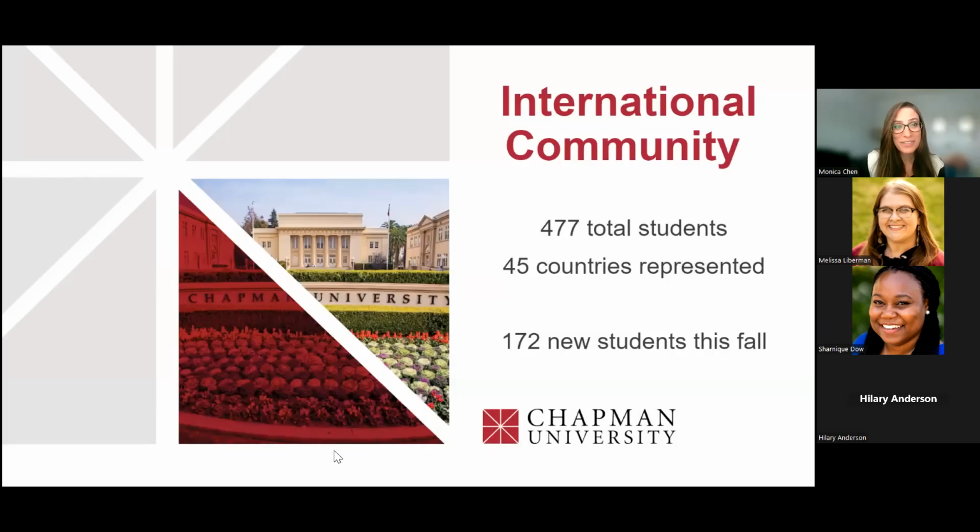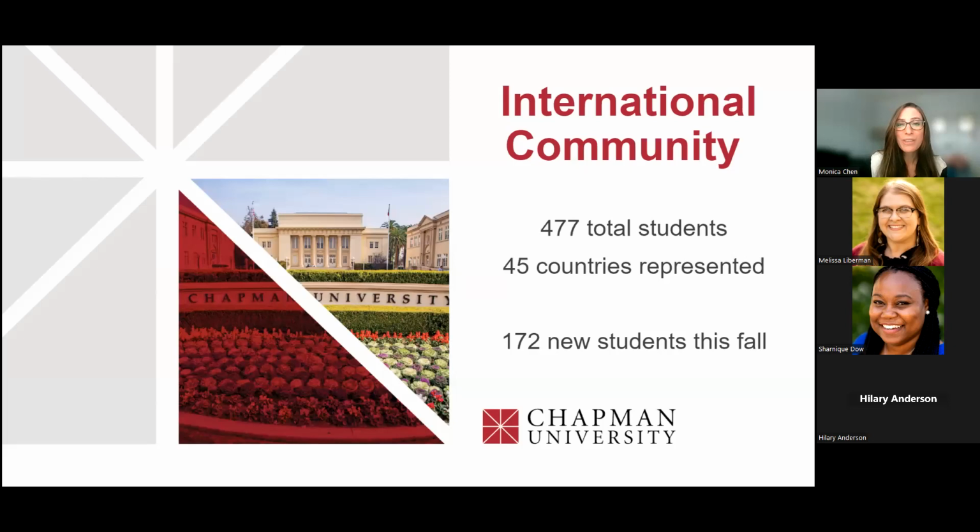To give you a little bit of insight as to who Chapman is, if you're not already aware, we are located in California, in Southern California, in Orange County. To give you a little perspective, we are very close to where Disneyland is. So we host international students every year, both at the graduate and the undergraduate level. If you do join our community, you'll be joining a total of 477 students, which we currently have.